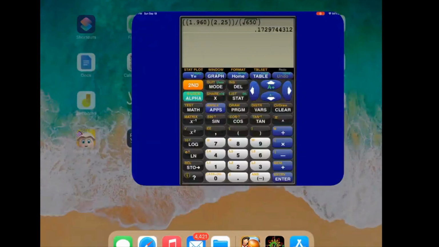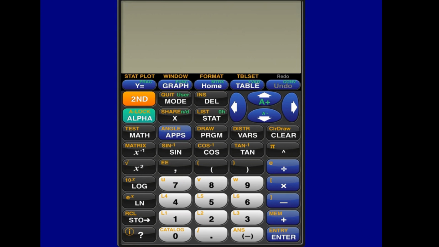All right, so clear. I have 1.645 times parentheses. Okay, I'm going to do second x squared by 7. Then in here, I'm going to do parentheses to notate the numerator. 0.48 times 0.52.